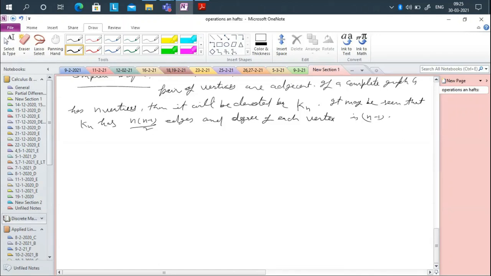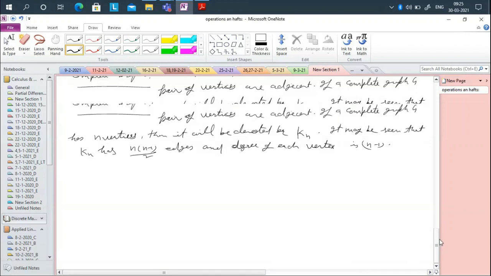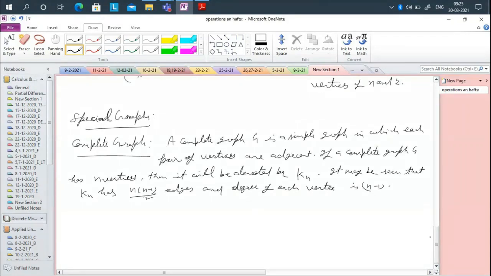If a graph with n vertices has n into n minus 1 by 2 edges and degree of each vertex is n minus 1, then it is called a complete graph. In a complete graph each pair of vertices are adjacent. Understand? So now we write some complete graphs here.